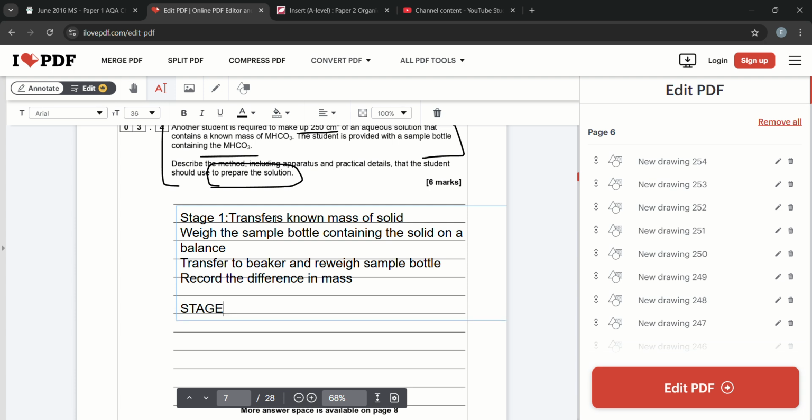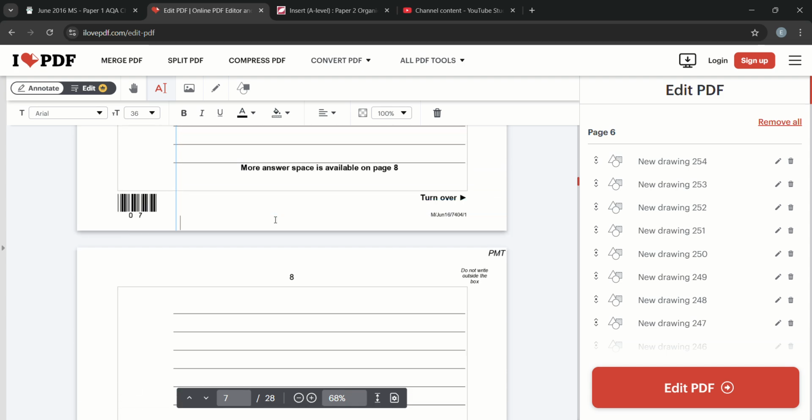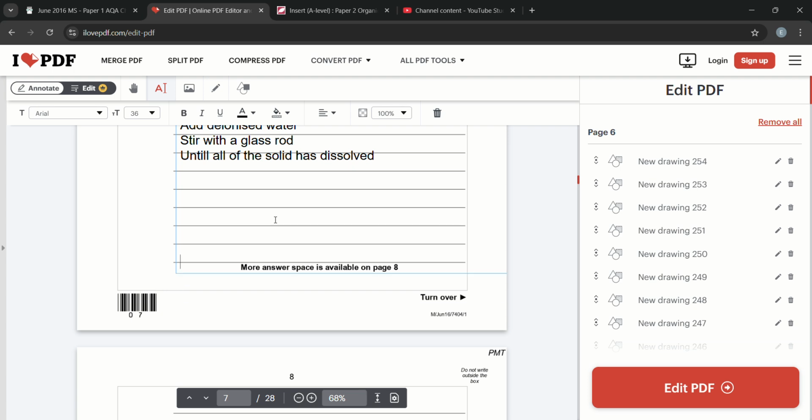Stage 2, dissolving in water. We want to add deionized water, distilled water, and we want to stir with a glass rod until all of the solid has dissolved.